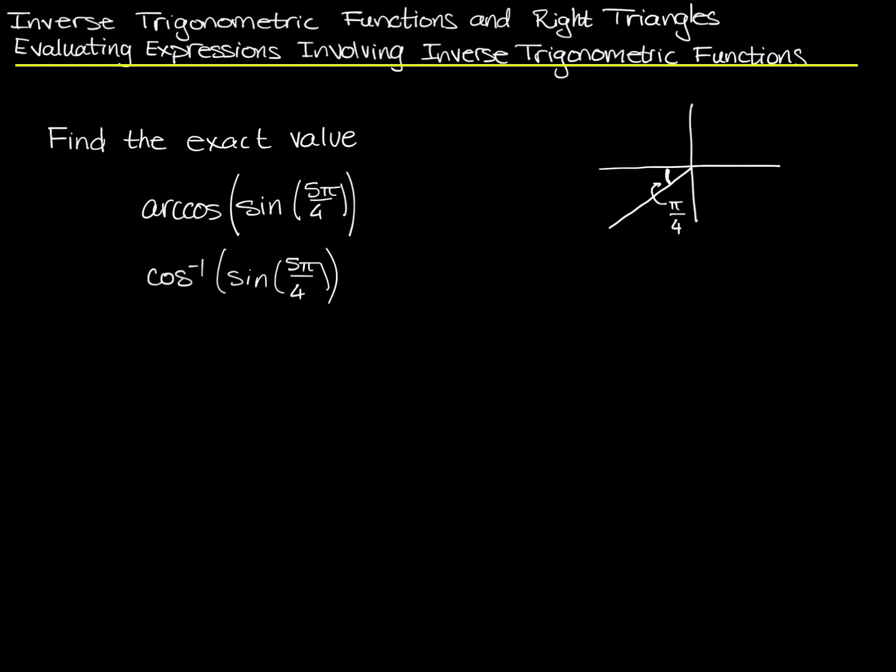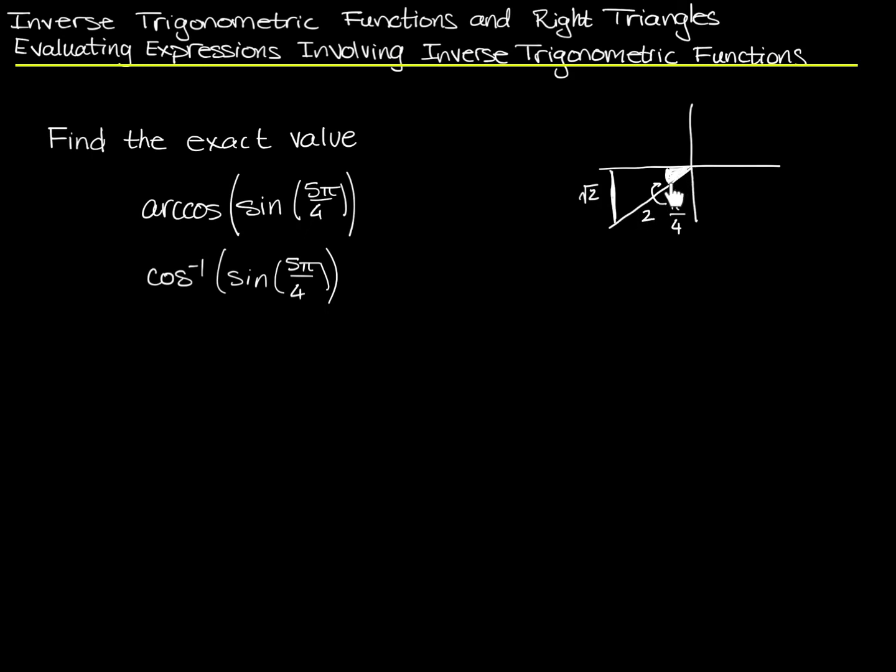I want to take the sine of that angle, this big angle here, that's 5 pi over 4, but I'll get the same answer as long as I consider the sign. Now, the sine of pi over 4 is the square root of 2, opposite, over hypotenuse, 2. The square root of 2 over 2.